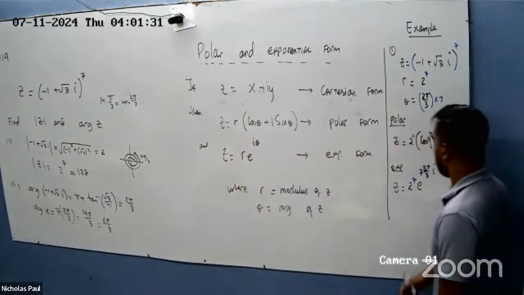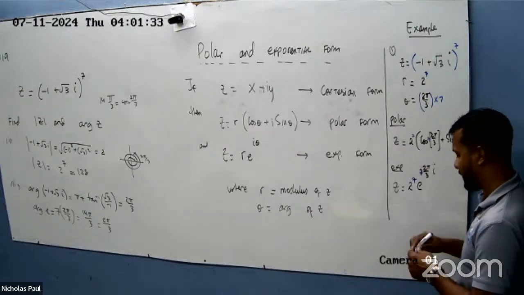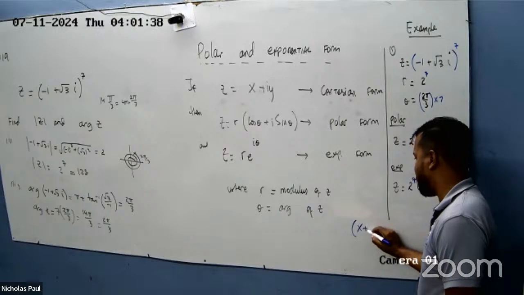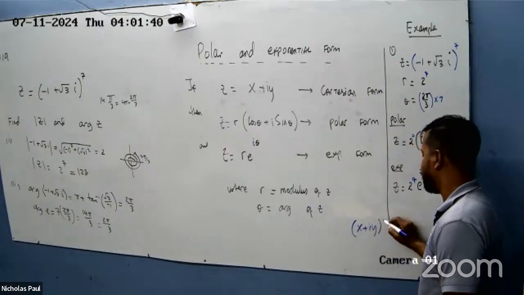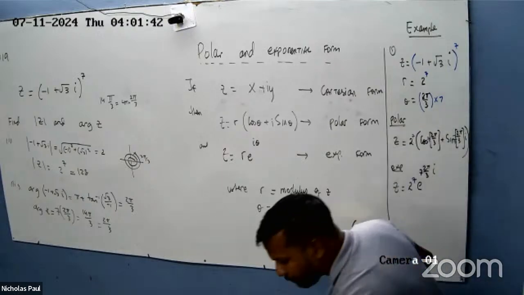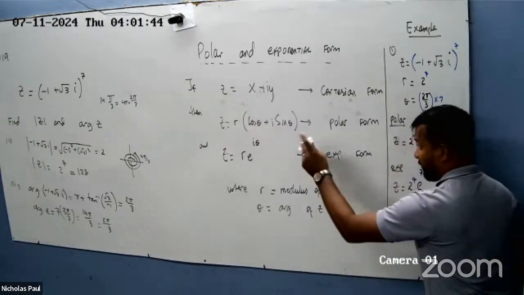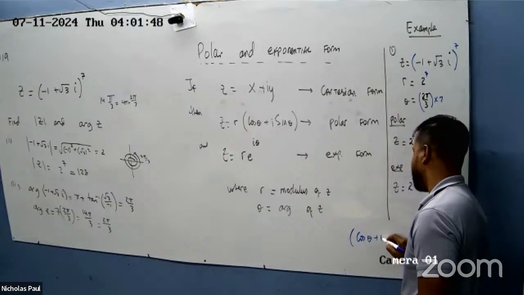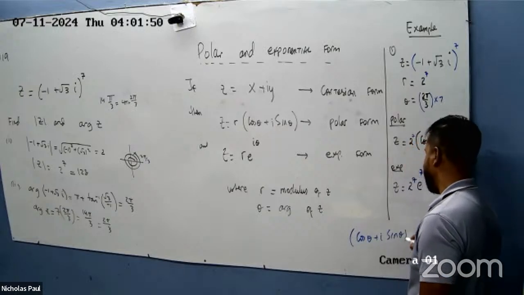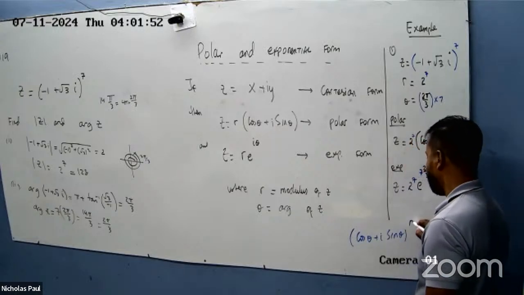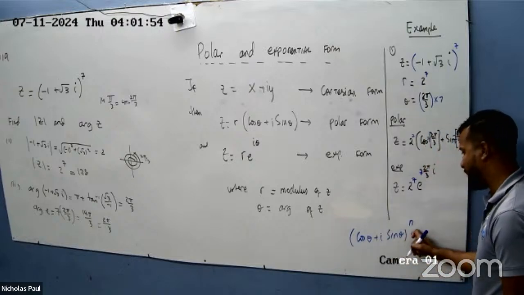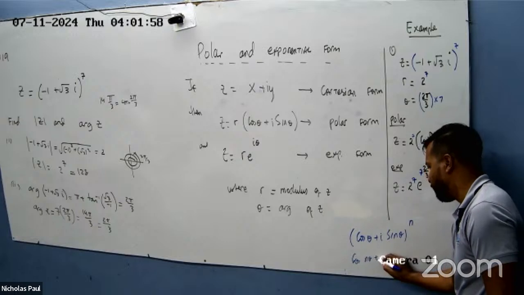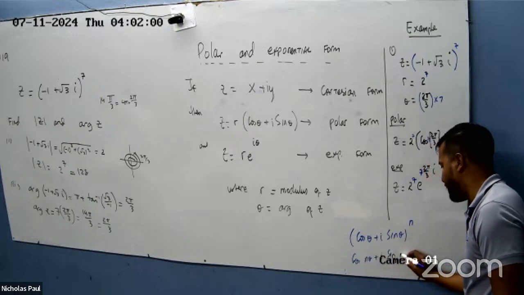But anyway, here's what De Moivre basically said. De Moivre said that if I gave you (cos theta plus i sine theta) to the power of n, he said that this is the same as cos n theta plus i sine n theta.